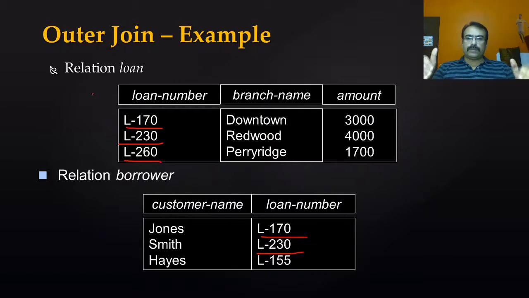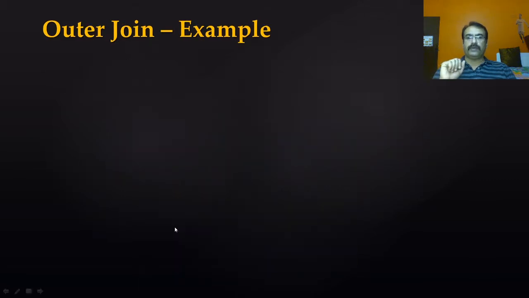Okay, so we have a few common and a few uncommon values for the common attribute. Common attribute is loan number. Fine. So what will outer join do? Outer join will provide complete information about L170, complete information about L230, and then leftovers will be L260 and L155. How will it be?